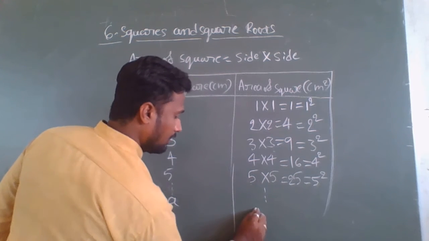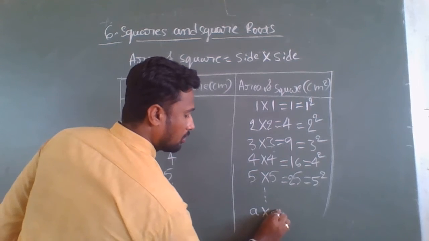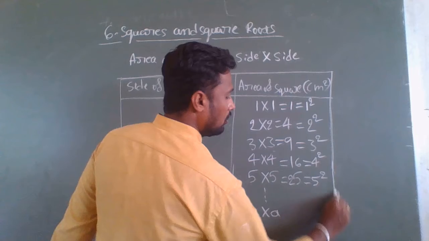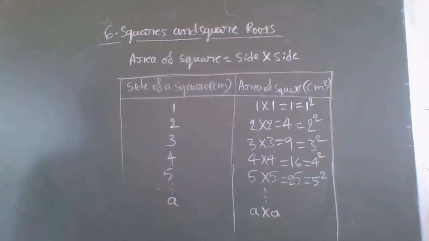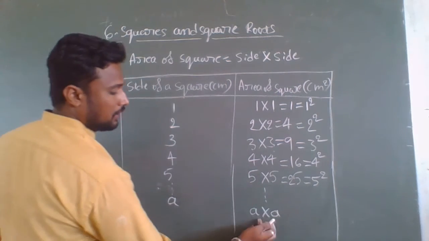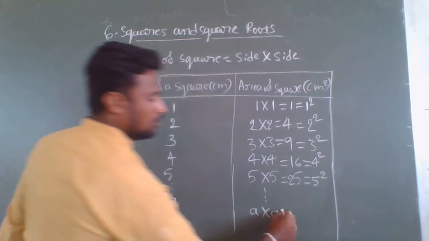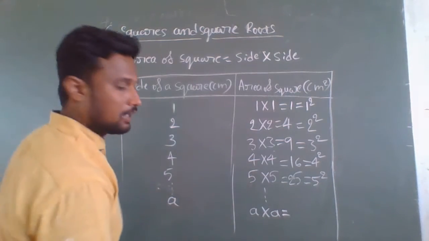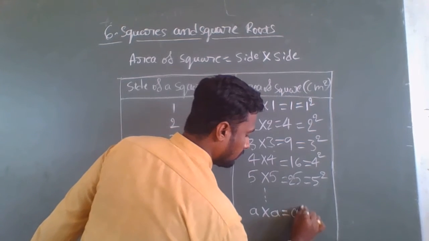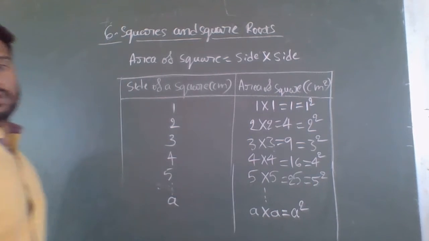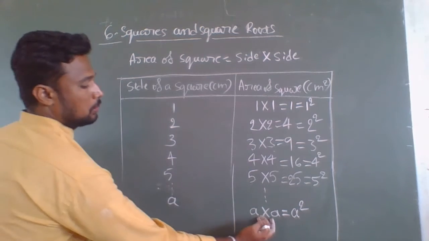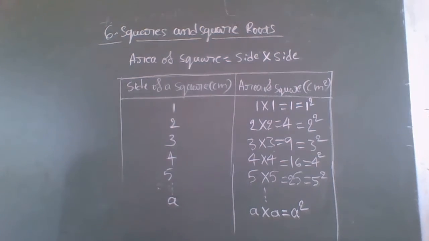We multiply this a two times to get the square value. If you multiply any value a two times, you will get the answer a square.